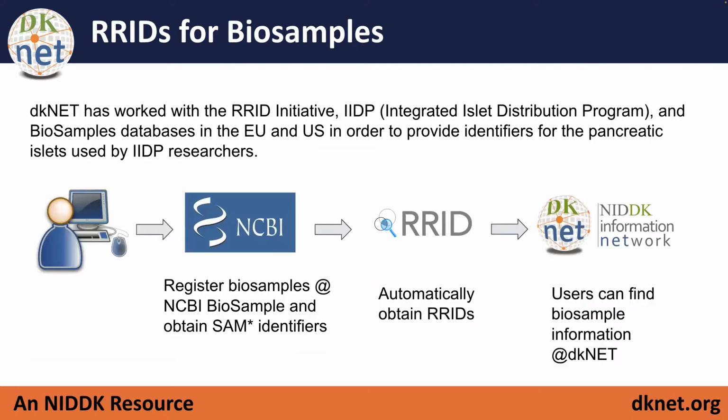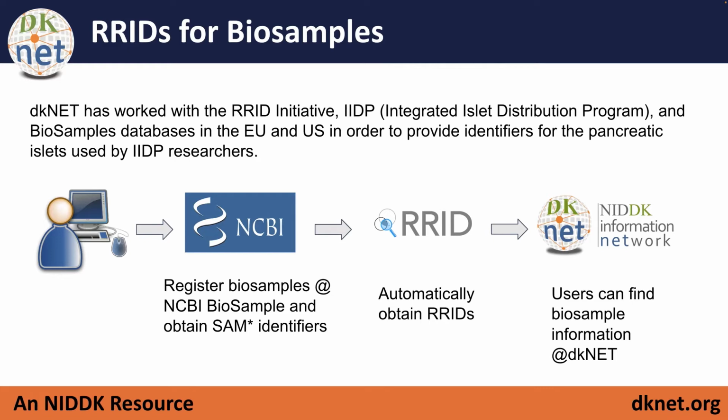Okay, and the biosample example is actually one of the areas within dkNET where we have worked with the community to provide these identifiers, for example, for pancreatic islets used by IIDP researchers. This is where we worked with the IIDP and with NCBI to develop a method for NCBI to be the community authority for these biosample RRIDs.